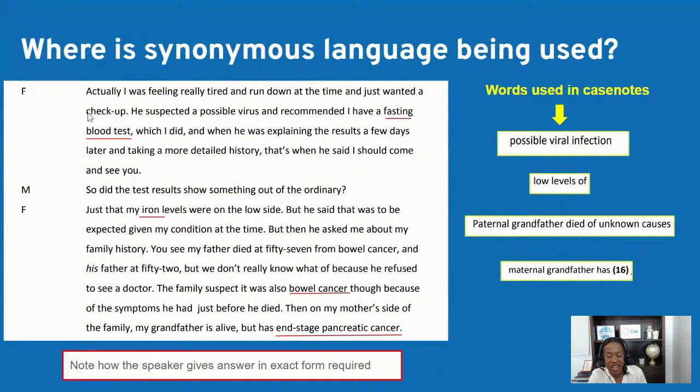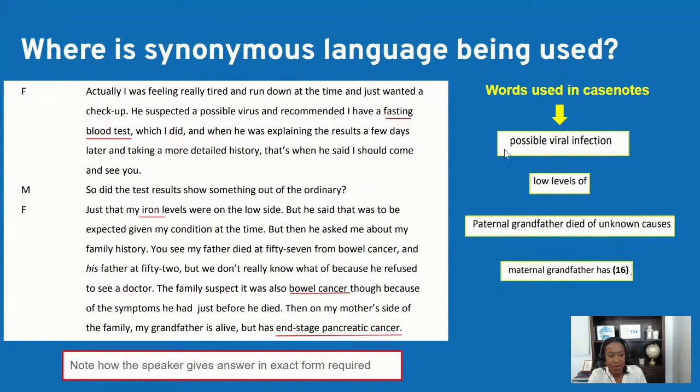And when we look at the transcript, we can analyze what words actually were used when we're trying to listen out for the answers. And as you can see, the answers are here lined in red, and those are stated in the exact form, but the words around it are different.